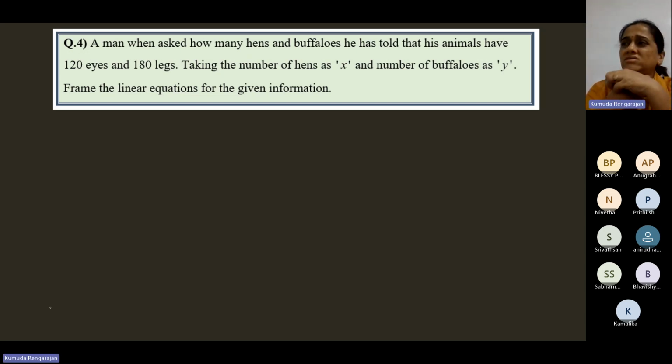You don't have to solve. That's it. Time up. Framed? Just frame the linear equations for the given information.